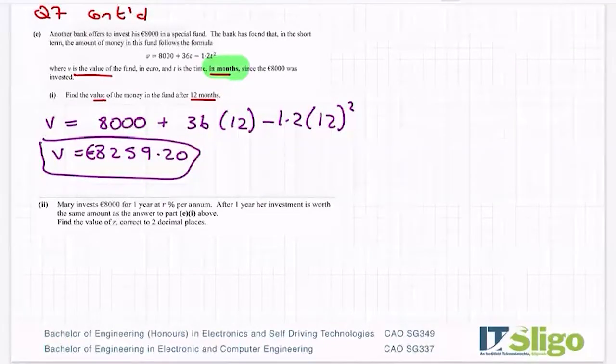Mary invests 8,000 for 1 year at I% per annum. After 1 year, her investment is worth the same amount as the answer to part E1 above. Find the value of I correct to 2 decimal places.